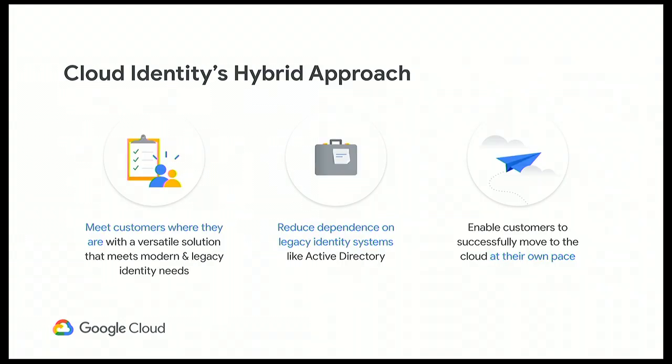That's where the Cloud Identity hybrid approach comes into the picture, right? It has components that help you meet where you are. We recognize you have these on-premise applications, and you may need more time to migrate and modernize or retire those applications, or in some cases, you may want to continue to use them for whatever reason, right?